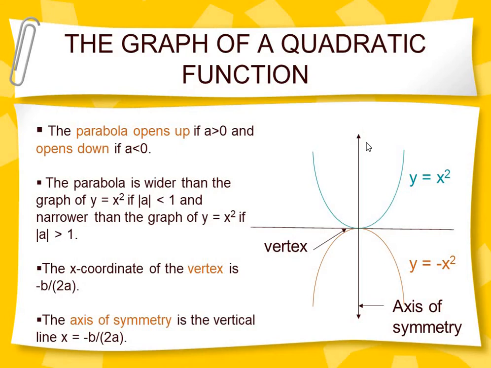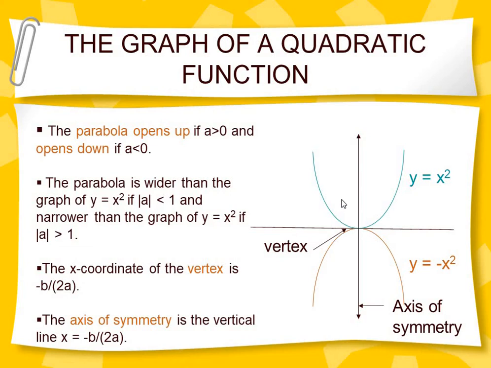Since it's vertical, the equation for a vertical line, as we said before, is x equals something. It's x equals the x coordinate of the vertex, since, as you can see here, it passes through the vertex.